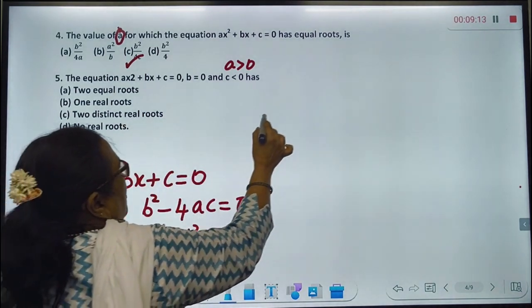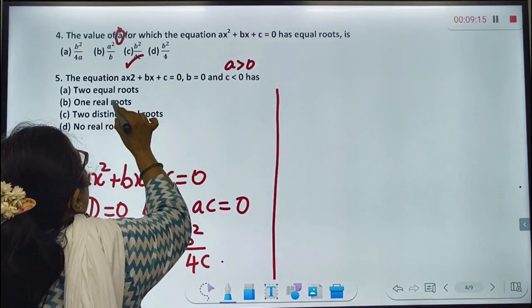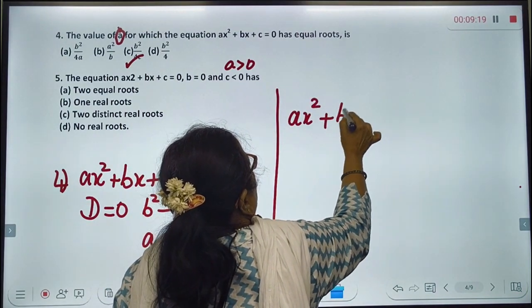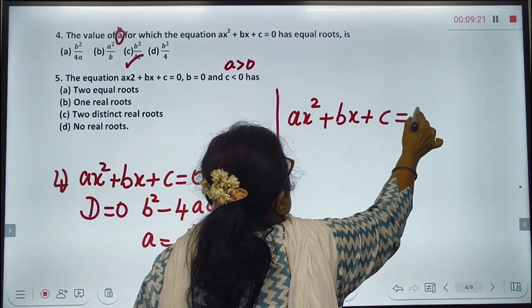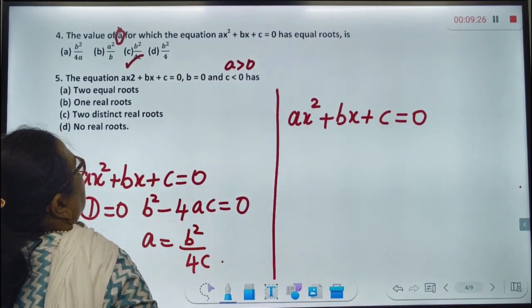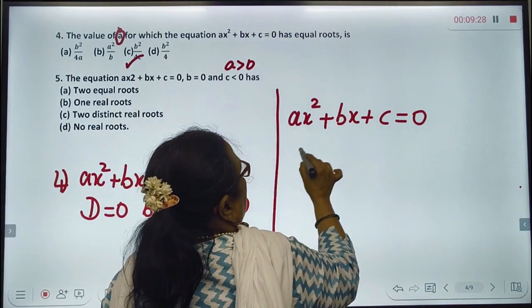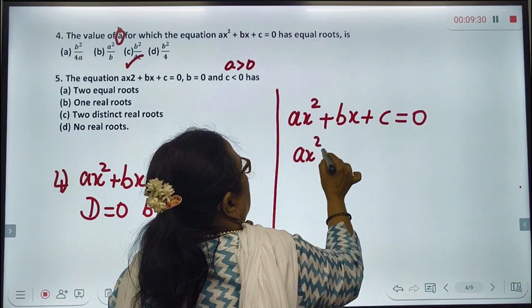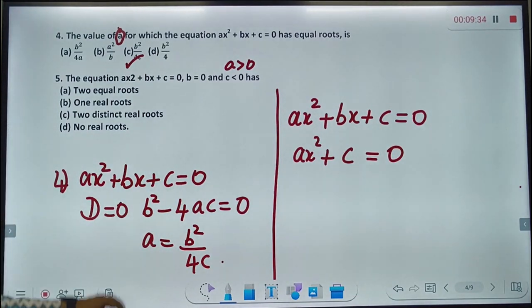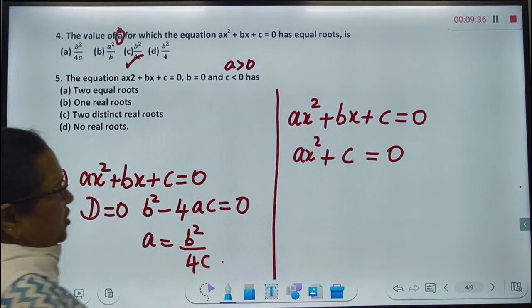Now, look at the next problem. You have the equation ax square plus bx plus c equal to 0, where it is given c is less than 0, a is greater than 0 and b is equal to 0. So ax square plus c equal to 0. What is the nature of the roots of this equation?